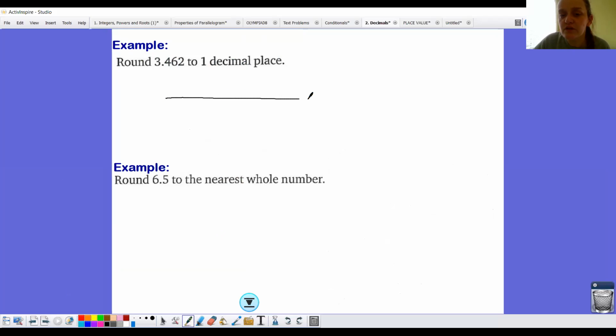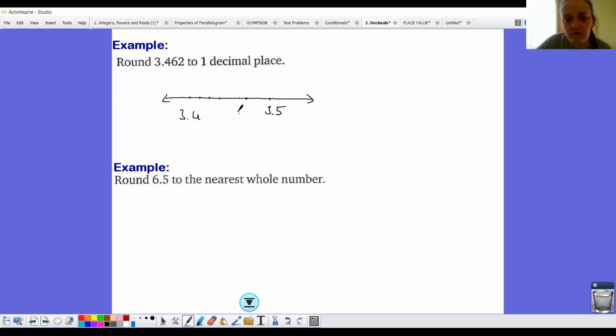For example, if I draw this one on a number line, because it says 1 decimal place, I will take the first one. So this number is between 3.4 and 3.5. Yes? So if I divide the distance between them, it will come like 1, 2, 3, 4, 5, 6.